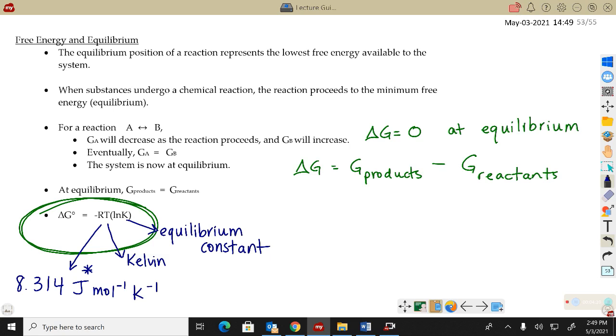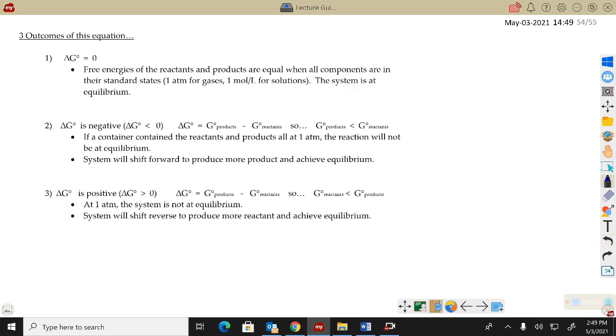We're more concerned with the outcome. How do delta G and K play with each other? So let's take a peek. Eventually, there's going to be 3 outcomes of this little equation. Delta G could be at 0, which would be fine. If delta G is 0, then the system is at equilibrium. Game on.